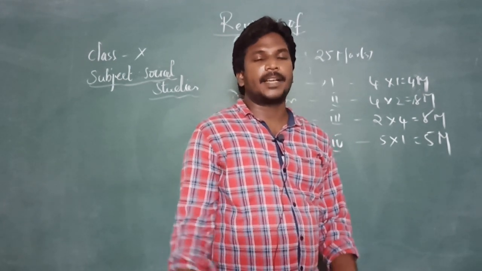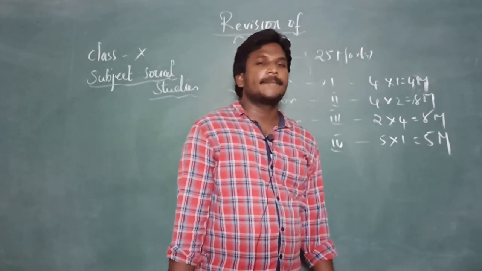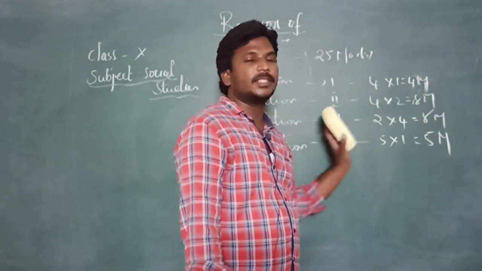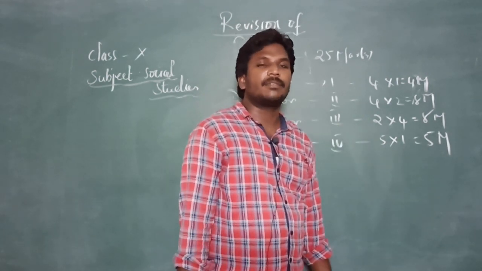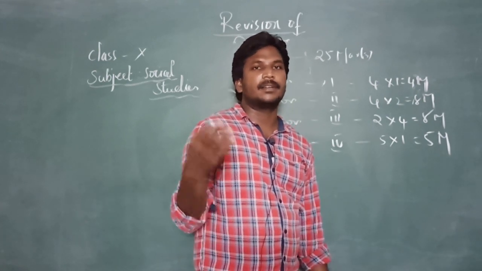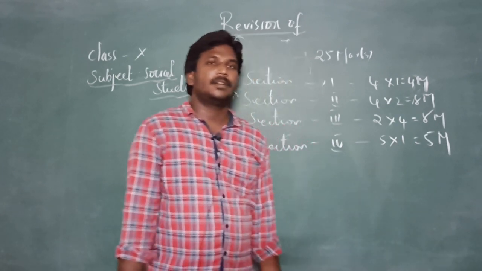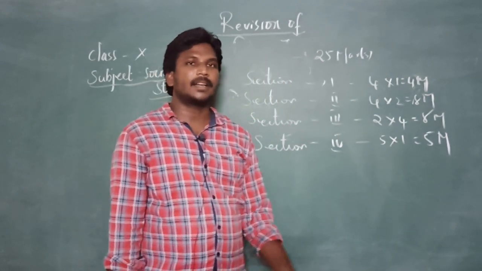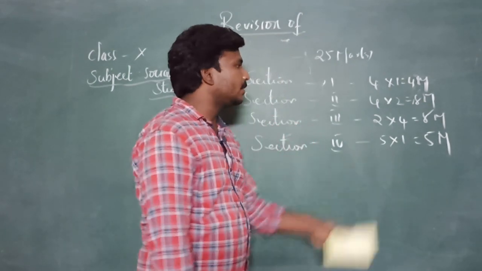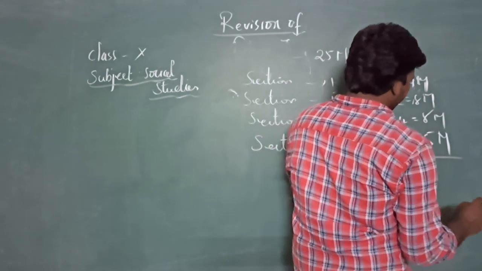If I ask China, you can point out China, right? But here we will be asking in the form of a question tag, in which you need to find a place. It gives you good knowledge and develops your thinking capacity, and you can mark the place very easily. Totally, it's 25 marks for your paper.